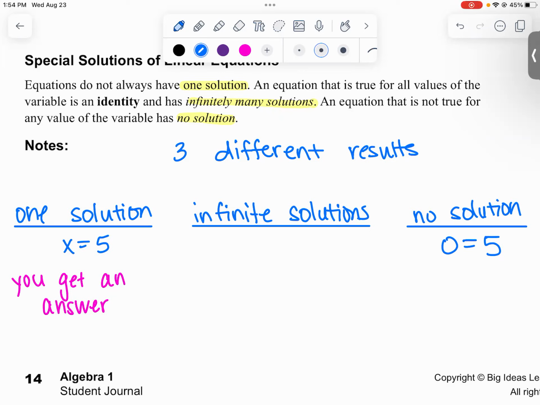Is 0 equals 5 a true statement? No. So if you end up getting a statement that is not true, it means that there's no solution to your equation. There's no variable that will actually plug in and work.